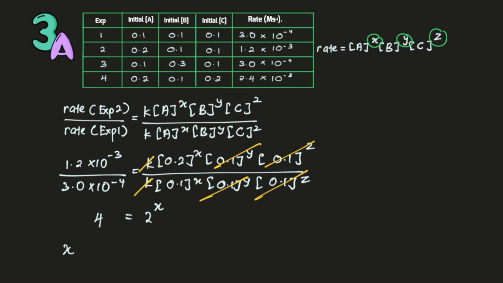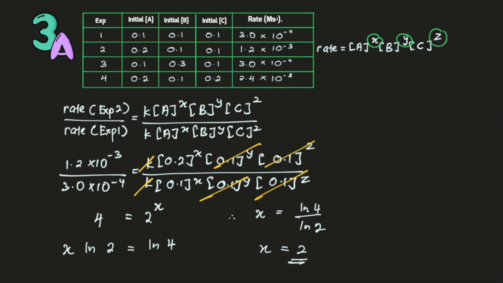So we take ln of both sides: X ln 2 is equivalent to ln 4. Therefore, your X is equivalent to ln 4 divided by ln 2. So X is equivalent to 2.